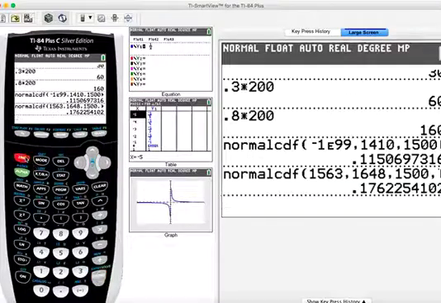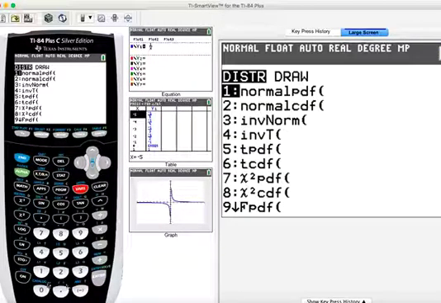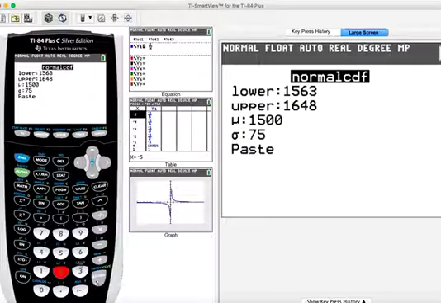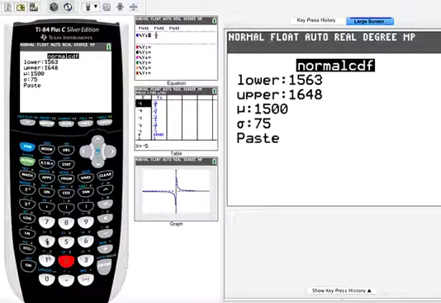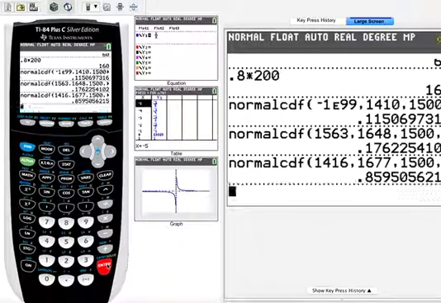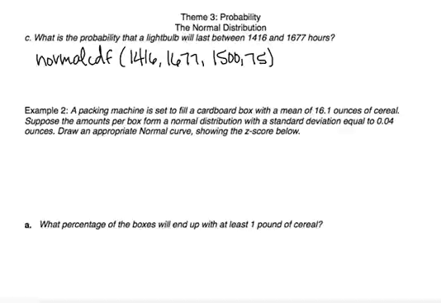So on the calculator, second bars, normal CDF, your lower bound 1416, your upper bound 1677, mean and standard deviation would stay the same. Whenever you do that, you would get 0.8595.